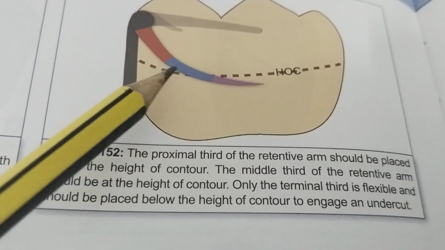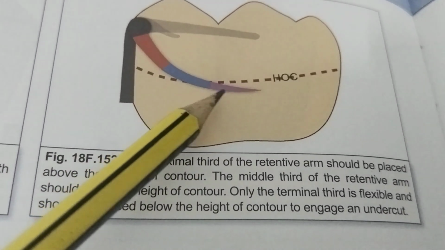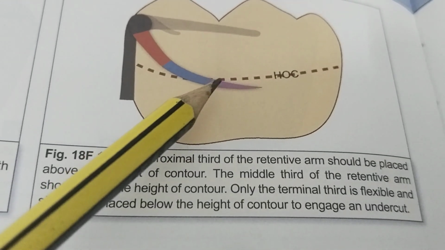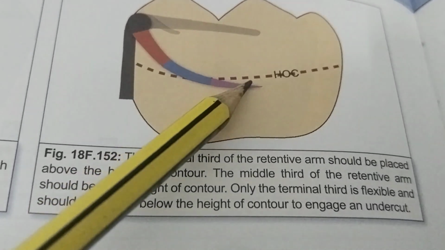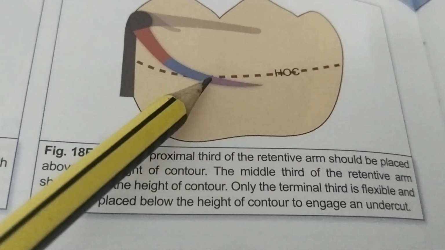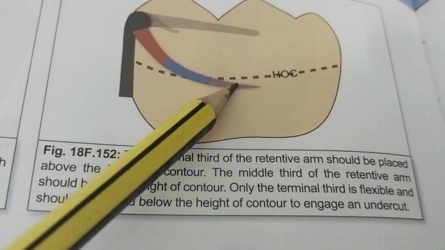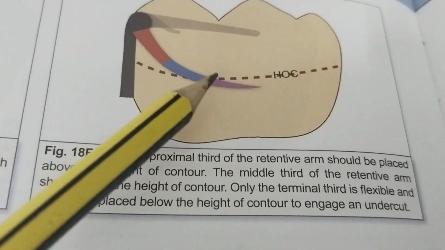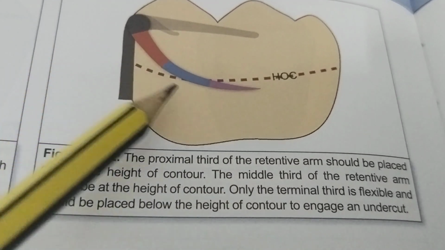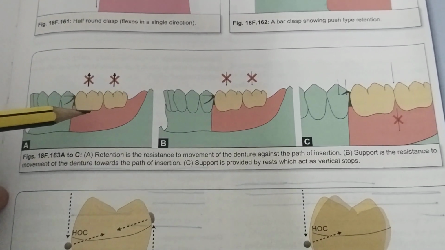Middle third should be placed at the height of the contour, and terminal third is flexible and it should be placed below the height of the contour. This is the height of the contour, so terminal third should be placed below the height of the contour and it should engage an undercut. Only then there will be enough retention. Okay, so this is the diagram that you need to know.